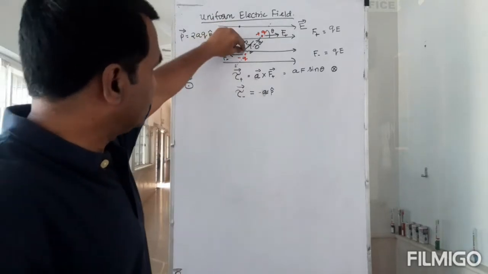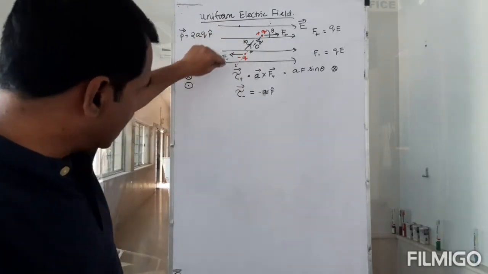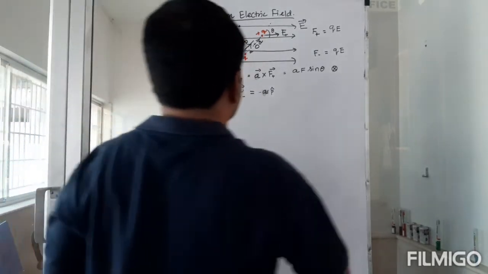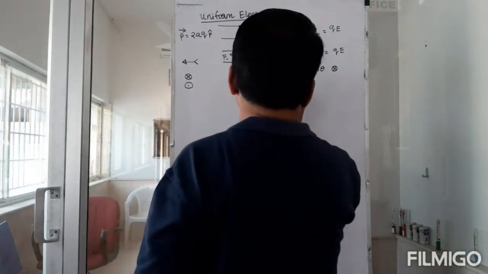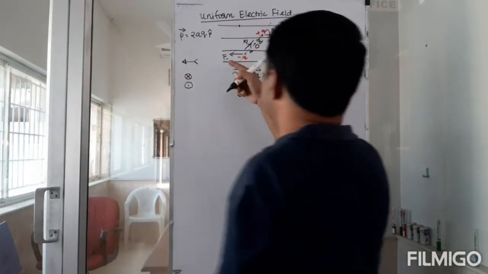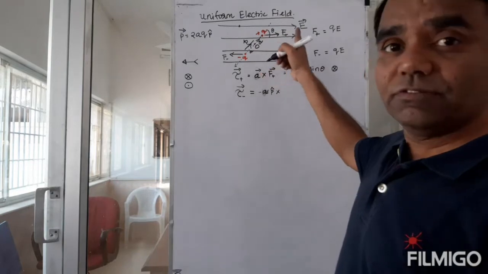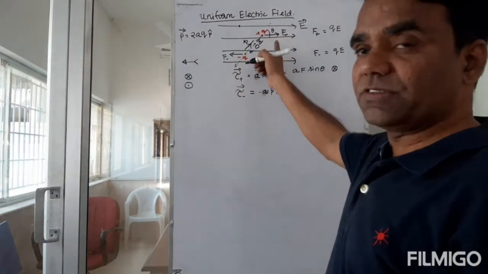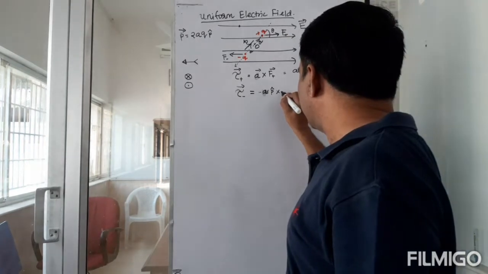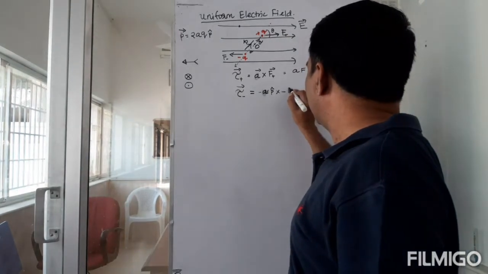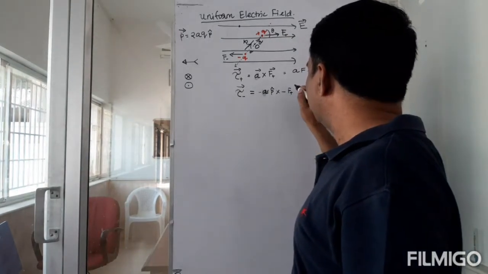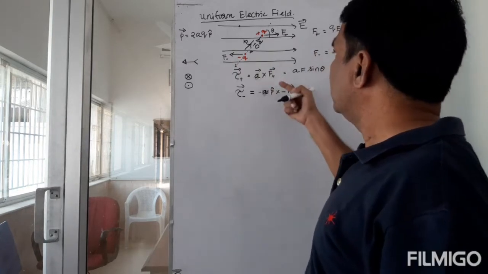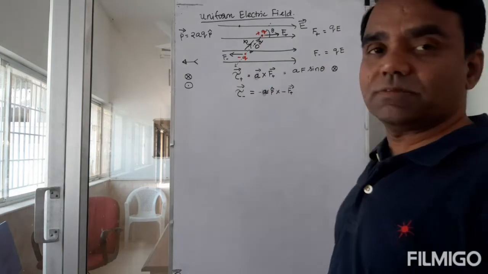So if I take minus A in this direction, and F is in which direction? F minus is the direction opposite to F plus, right? So this can be written as minus F plus. Same magnitude, but in opposite direction to F plus.